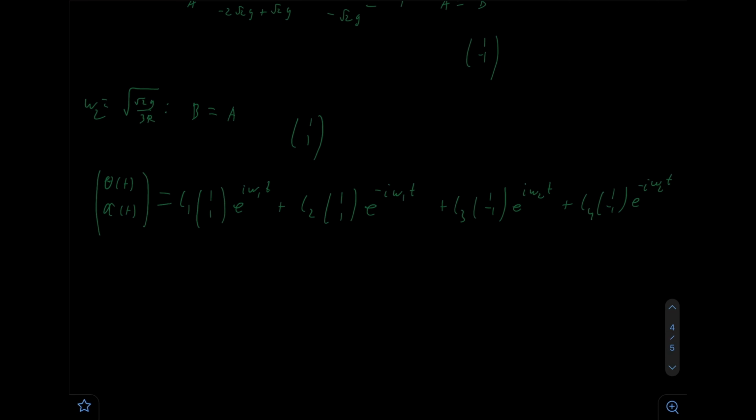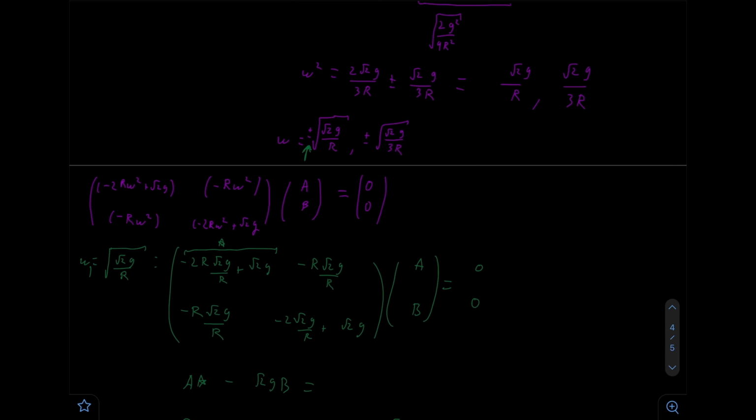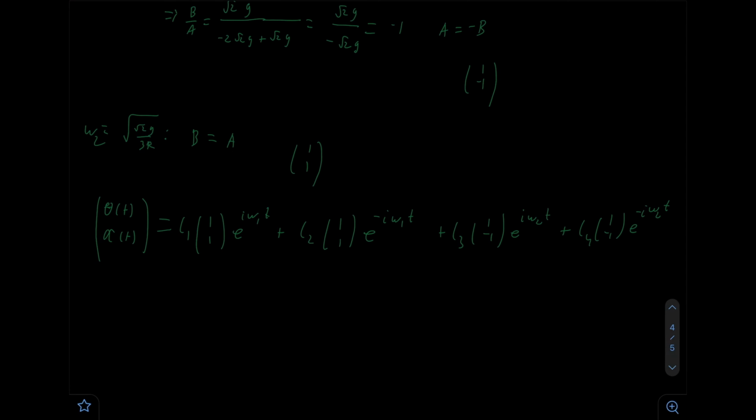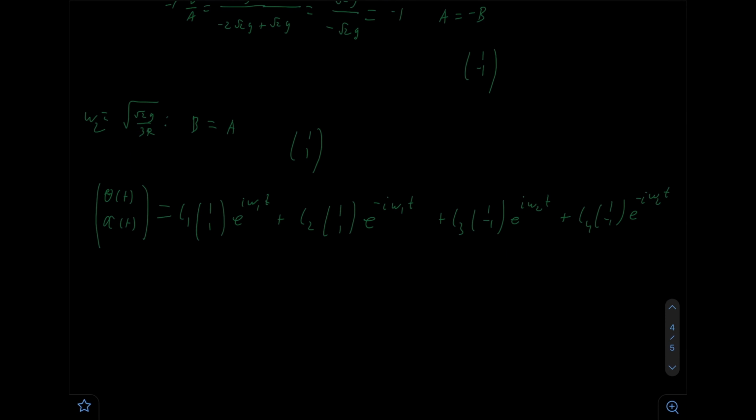Right, and we're doing this, again, this is a superposition of 4 different solutions to our coupled second order differential equations. So now we want to write this in terms of real variables, because theta and alpha are real. So how do we do that? Well, the omega 1, the positive and negative, come in conjugate pairs. So that means that C1 is equal to C2 conjugate.